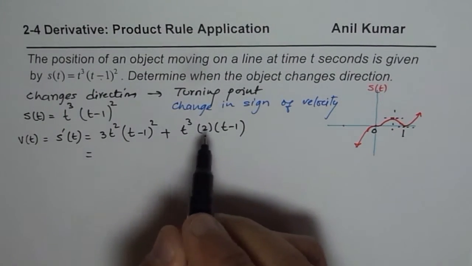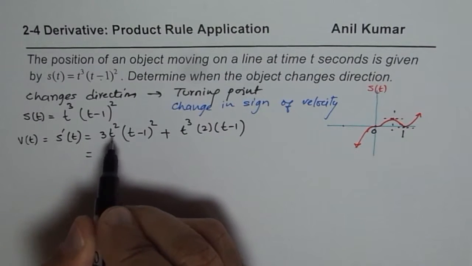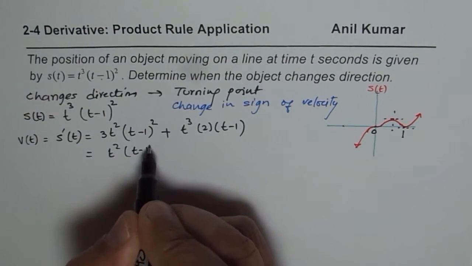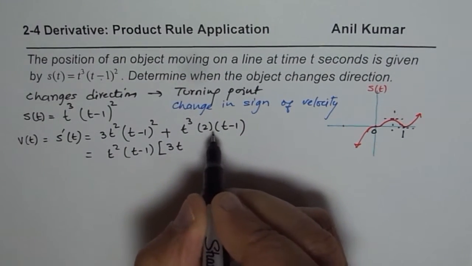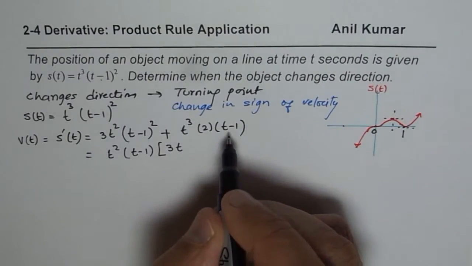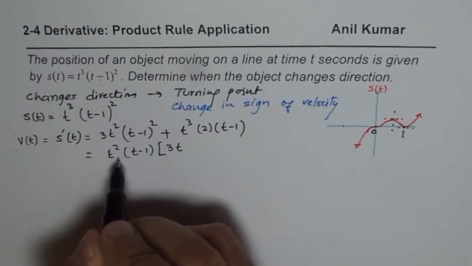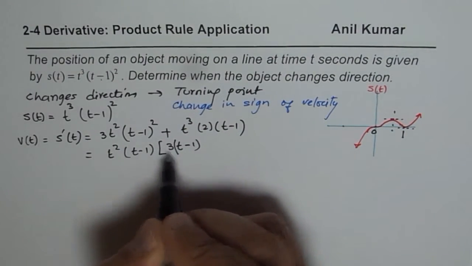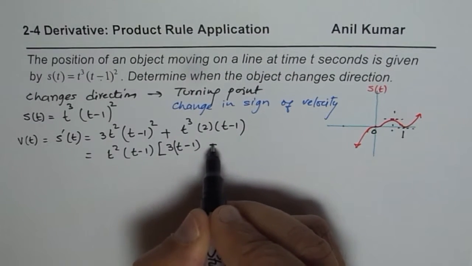Now, to solve, good practice is to factor as much as you can. So we can factor out t squared, and we can also factor out (t minus 1), right? So what do we get? We get 3 times (t minus 1) from the first term, and from the second term we get plus 2t.